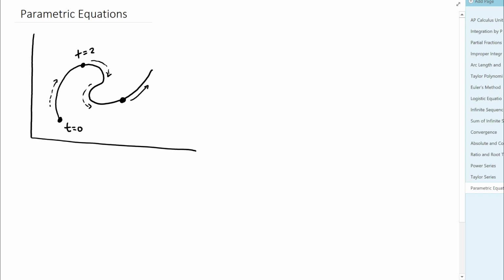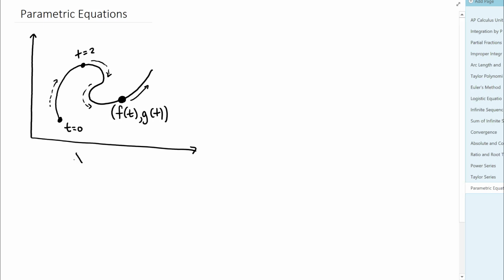And really the location, say this location here, is a function for its x value, in this direction at time t, and also there's a function for its y value. And so the point is being moved by both a change in the x and a change in the y.